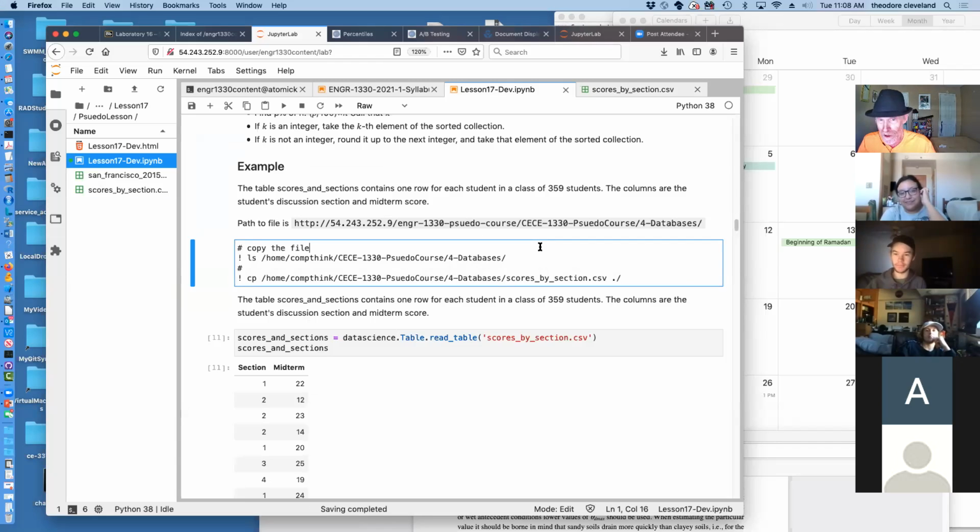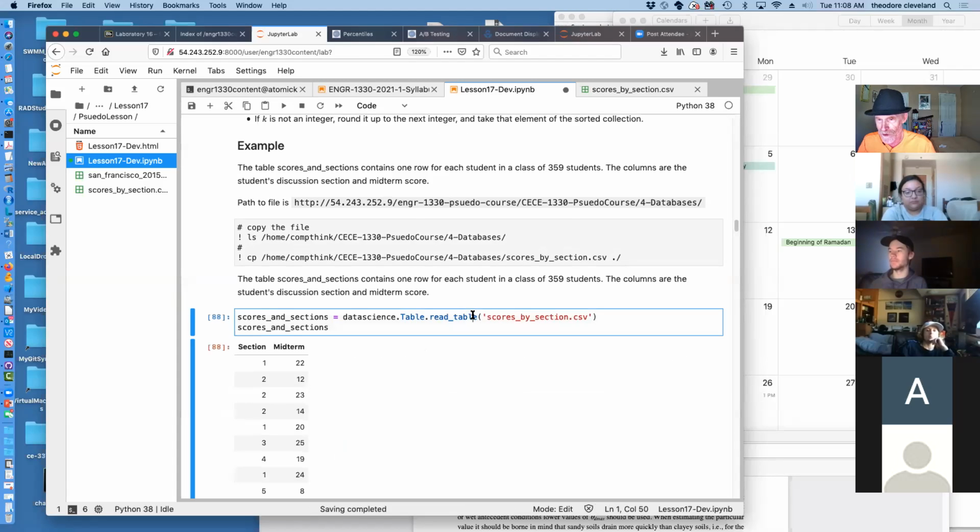So I'm going to copy the file to my local, oh, that actually worked. And now we're going to look at the contents of the file. So we're going to read the table. This is very much a wrapper on top of the pandas subsystem.